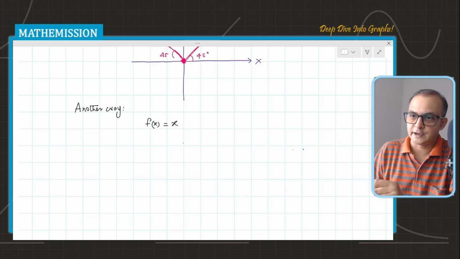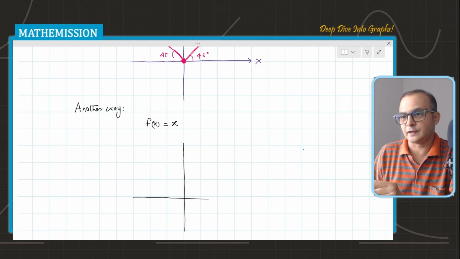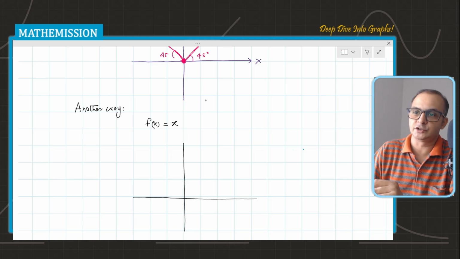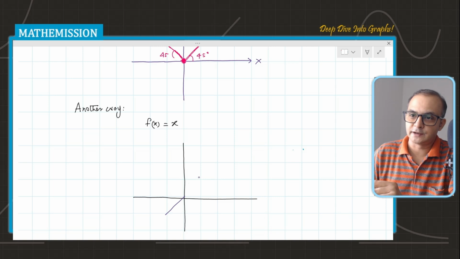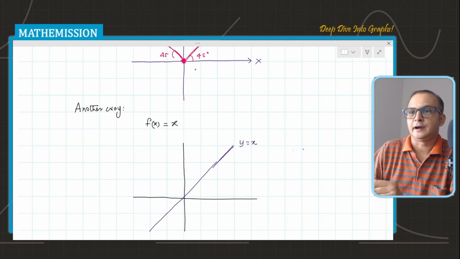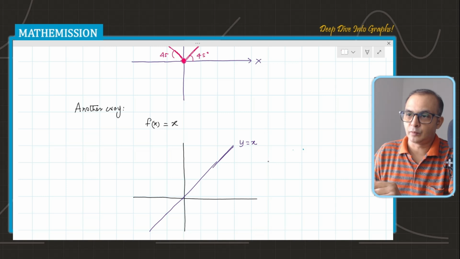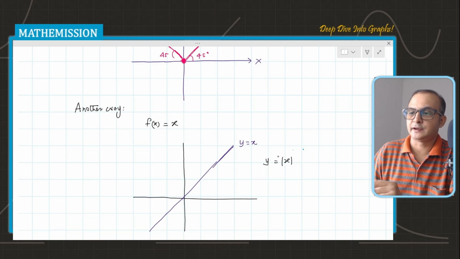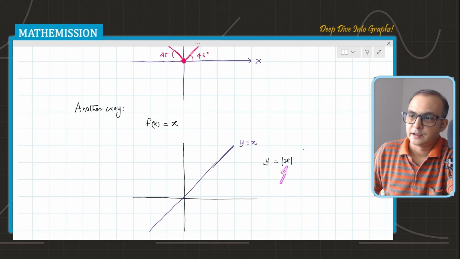So let's take f(x) is equal to x, and by the way, you know f(x) is equal to x is an identity function. So this is our identity function, and this is y is equal to x, and I am applying the modulus to it. It means now I have to think what is the effect of mod on that. So what is the meaning of this?